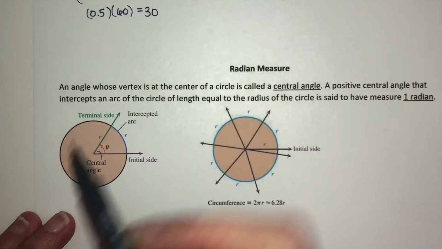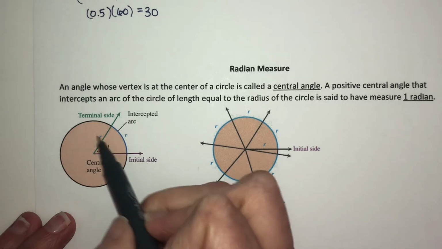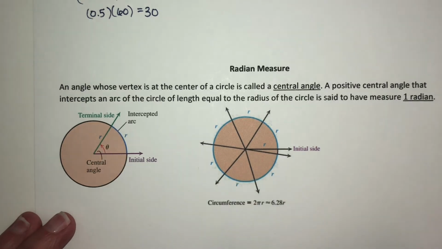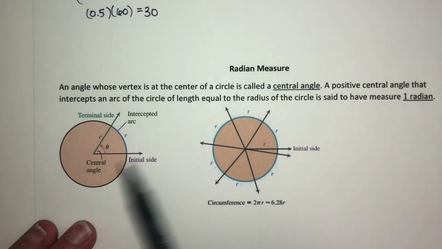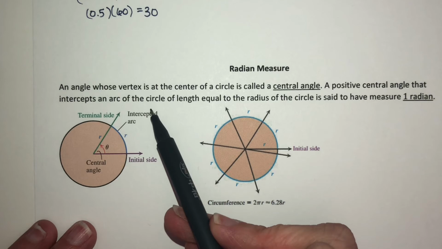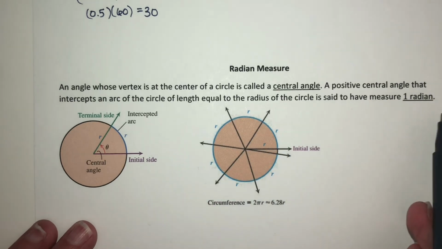You can imagine this on the x and y axis centered at the origin. Our angle measured in the positive direction is theta. A positive central angle that intercepts an arc of length equal to the radius of the circle is said to have measure 1 radian.